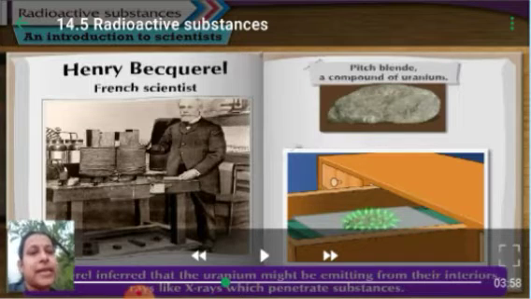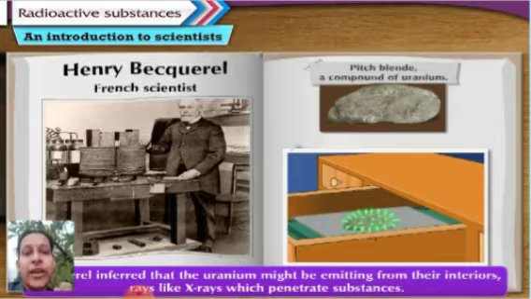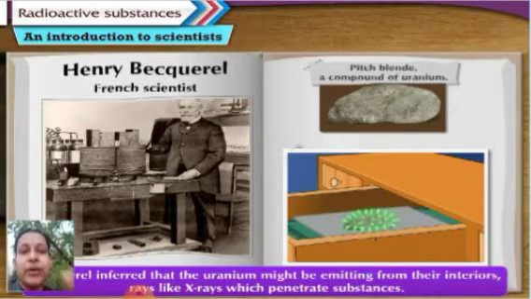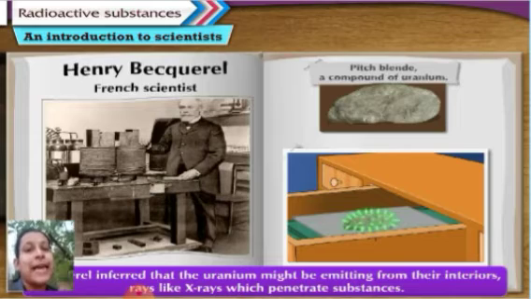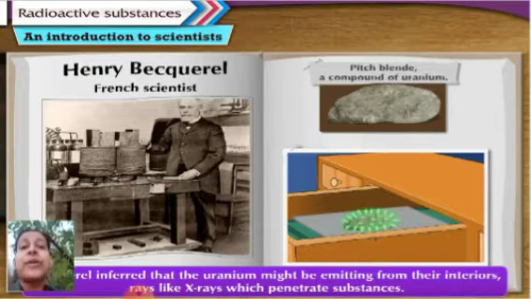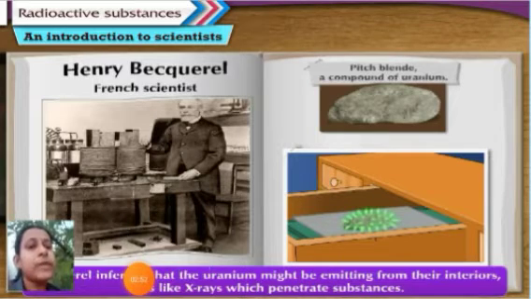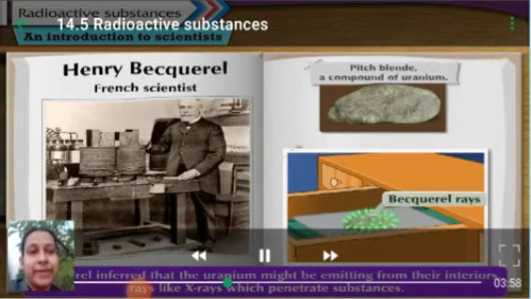Here you could see that the uranium could penetrate through to the photographic plate, and because of this penetration there was the shape of the key on the plate. From this he inferred that these rays are like X-rays, which can penetrate through certain substances, and later on he called these rays the Becquerel rays.